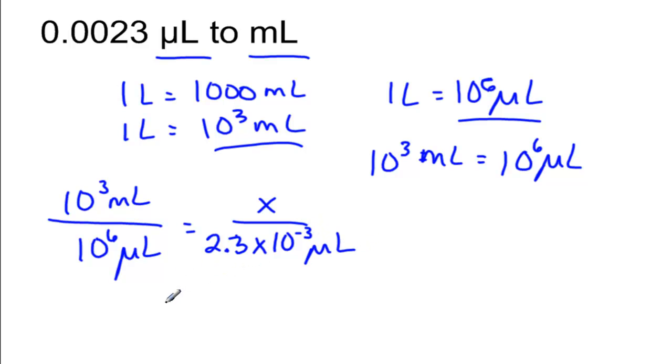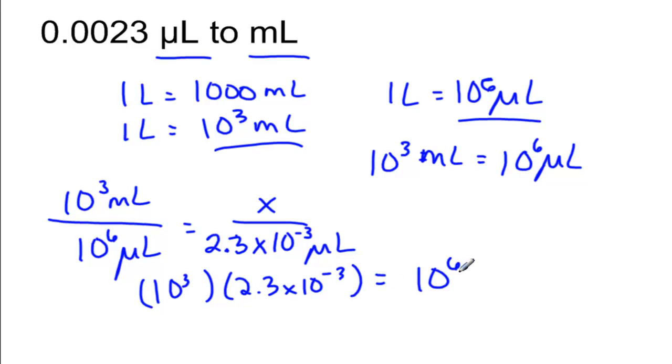Now when we solve this, we get 10 to the 3rd times 2.3 times 10 to the minus 3 equals 10 to the 6th times x. When we solve that, you can put it in your calculator. You get 2.3 times 10 to the minus 6 milliliters.